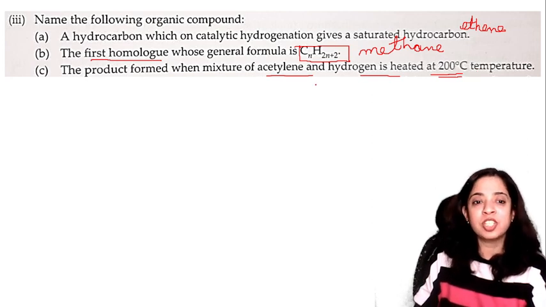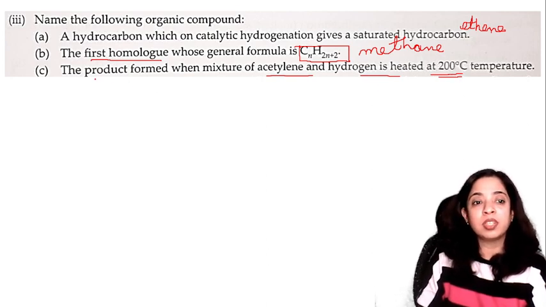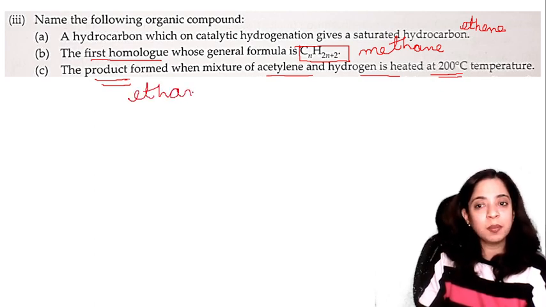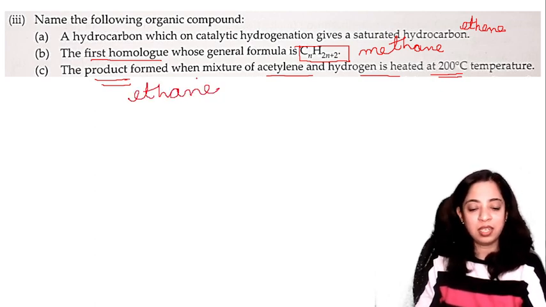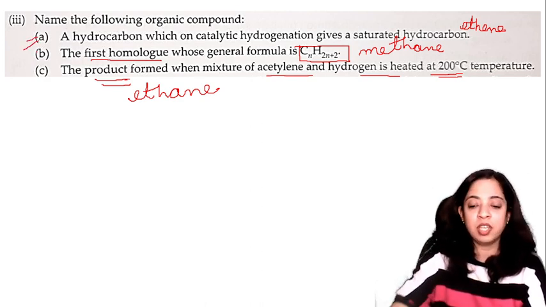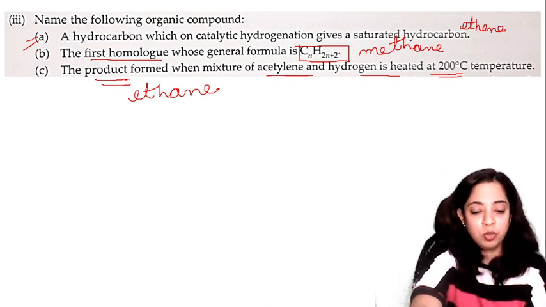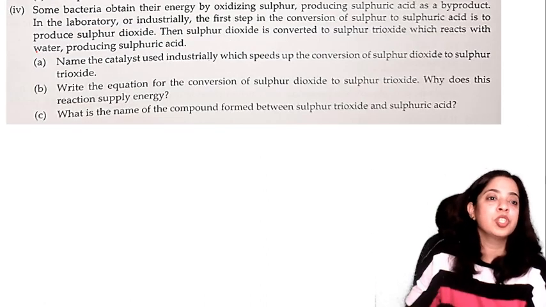We just gave this reaction, ethylene and hydrogen, that is ethene and hydrogen, heated at 200 degrees. So they are now asking the product. So the product is ethane. Correct? I had just written the equation in the first question, A question. Clear to you? Let's go to the fourth question.